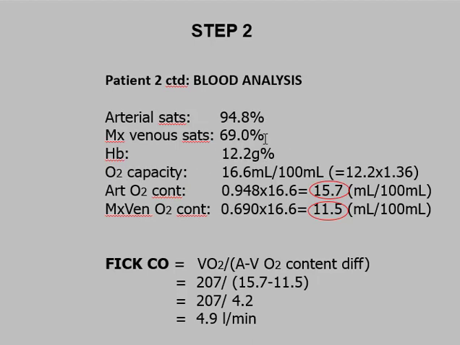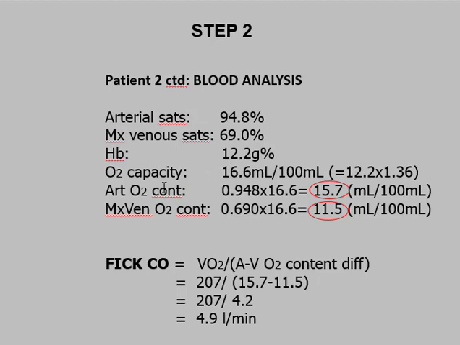I tend to use units, but for simplicity, I'll try to avoid using them and just use the whole numbers for these examples. The oxygen carrying capacity is 16.6. And remember, we obtained that by taking the hemoglobin, 12.2, and multiplying it by 1.36 to give us 16.6.